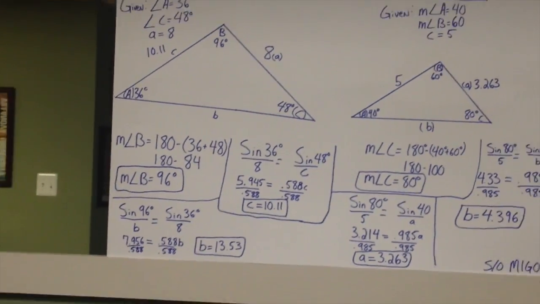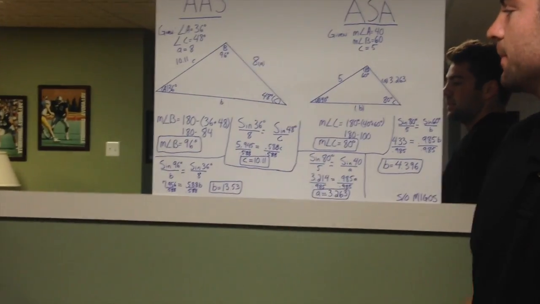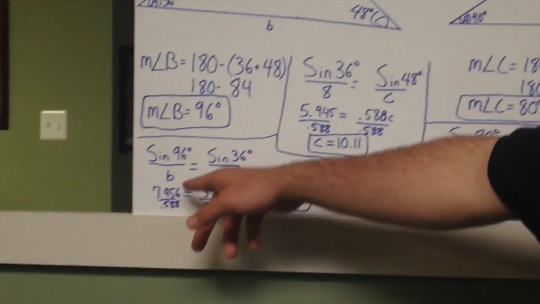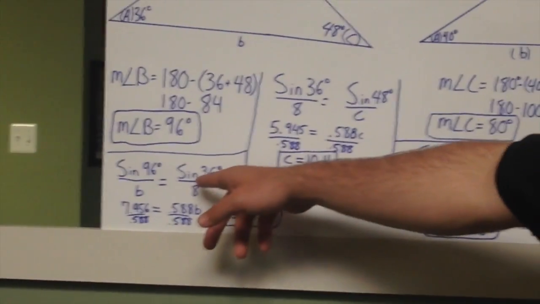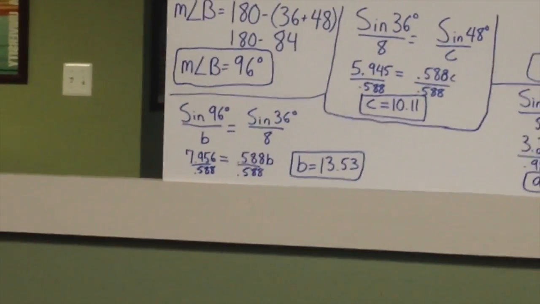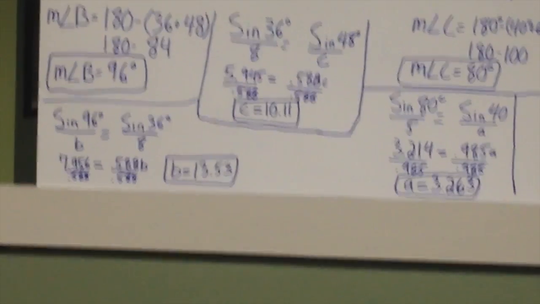With that information, you can move on to find the length of side B. You make the proportion of the sine of 96 degrees over B is equal to the sine of 36 over 8, and after that, you cross multiply. Then you get 7.956 is equal to 0.588 B. You divide that out, and you get the length of side B is 13.53.